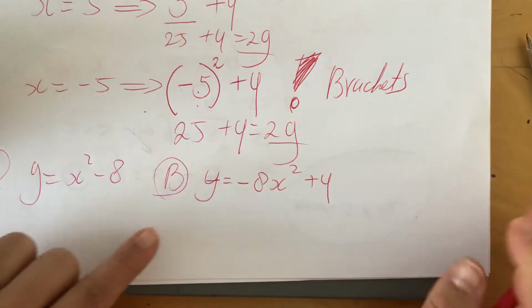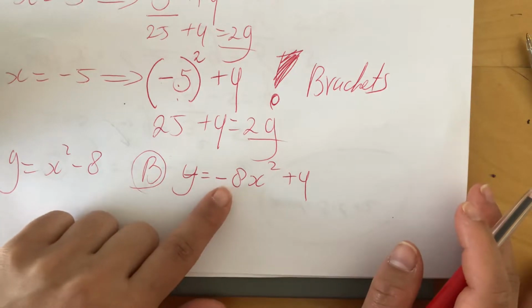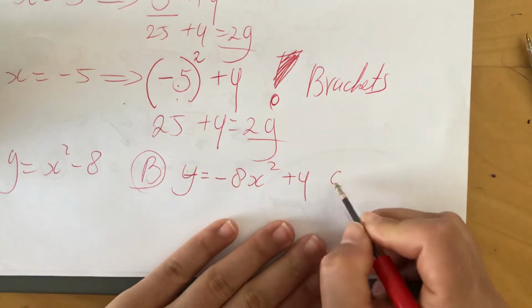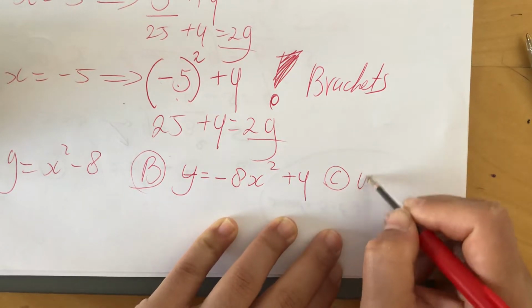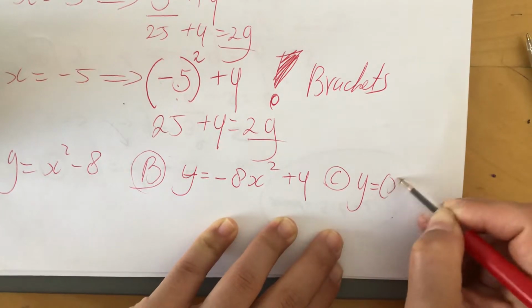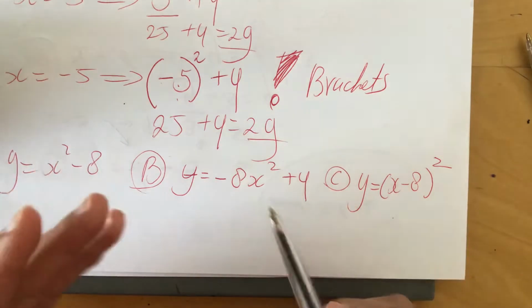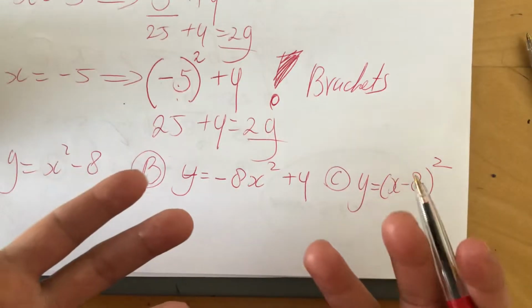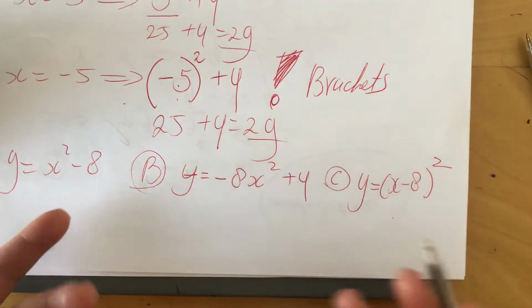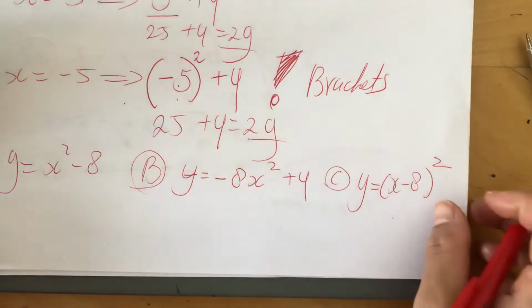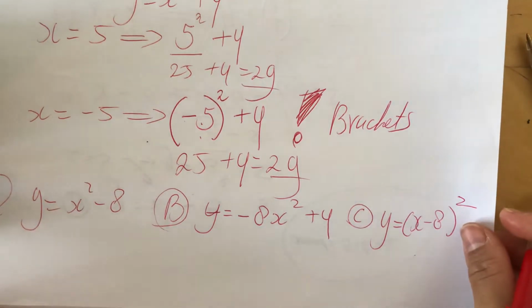We're going to look at how to approach formulas like these. And there's also another one, y equals within brackets x minus 8 to the power of 2. Remember, these are just exercises to solve after you filled in the x. Okay, let's see how it looks.